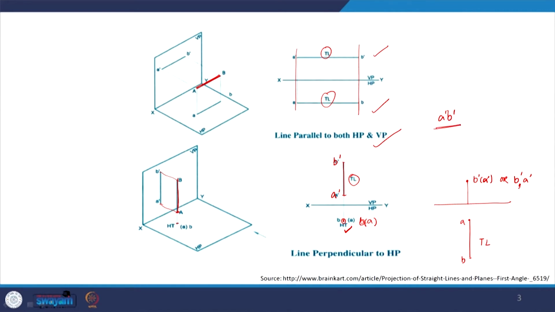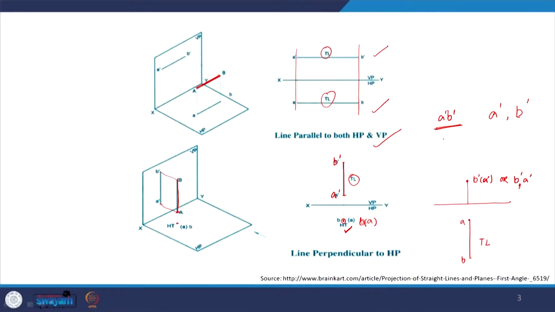If we write A dash comma B dash, it means these are two distinct points, A dash and B dash, while if we write A dash B dash, it means that this is one single line. So if the line is perpendicular to VP, we will see this, while if it is perpendicular to HP, we will see like this. Very similar but just flipped.